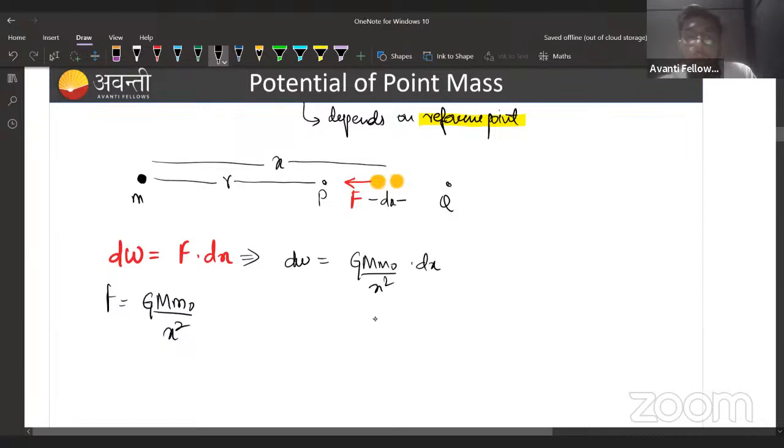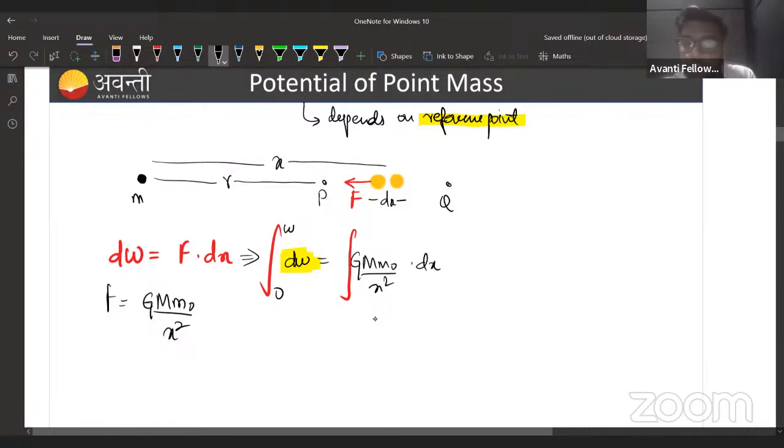Now, this is dw, meaning very small work done. If I want to calculate total work done, what do I have to do? I have to integrate it, right? So I have to integrate on both sides. What will be the limit of integration? For work done, it will be 0 to total work done. Initially, it was 0 work done, finally it was total work done.